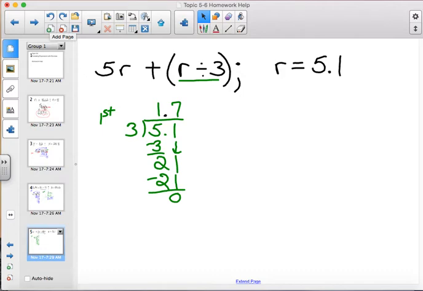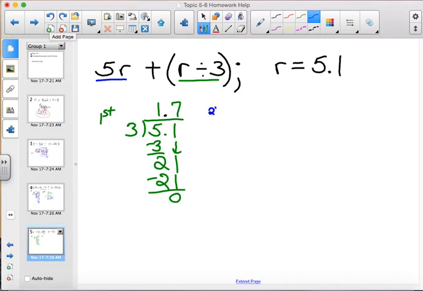So now the second thing that we do is we look for any multiplication or division, and we do have multiplication, 5r. We have a coefficient of 5. So now our second thing to do is to take 5 times r. So the value of r is 5.1, and we're going to multiply it by 5.